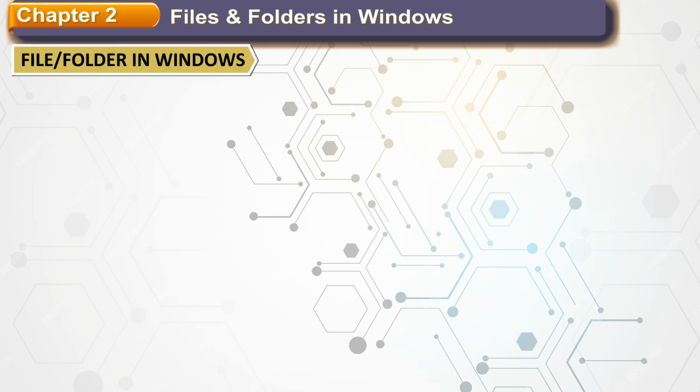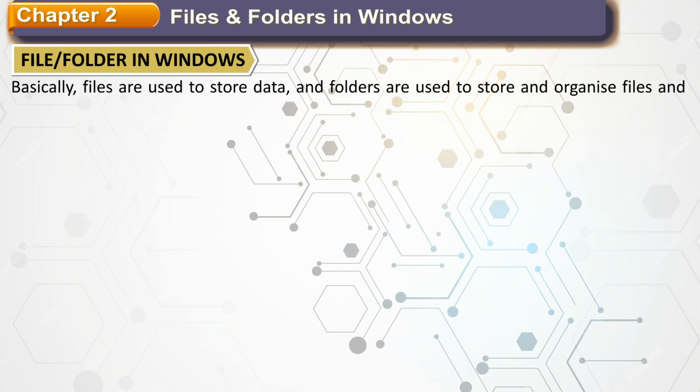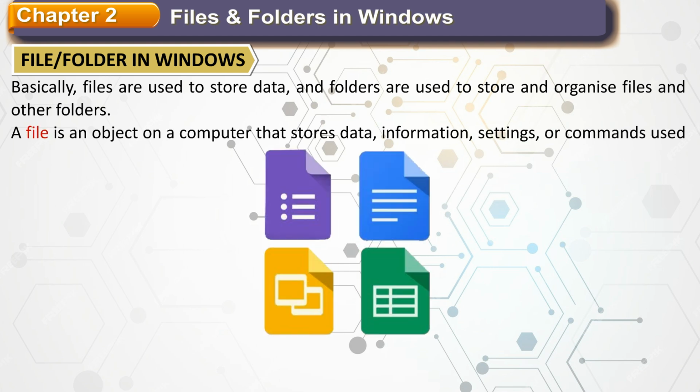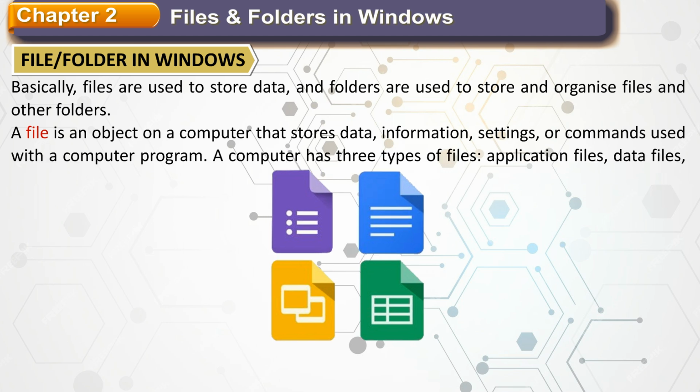Files and folders in Windows. Basically, files are used to store data, and folders are used to store and organize files and other folders. A file is an object on a computer that stores data, information, settings, or commands used with a computer program.